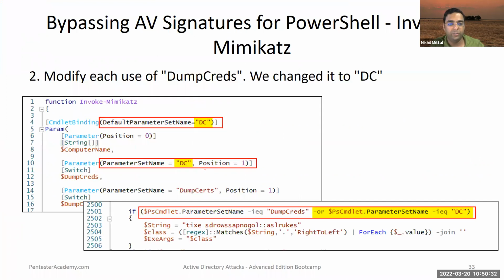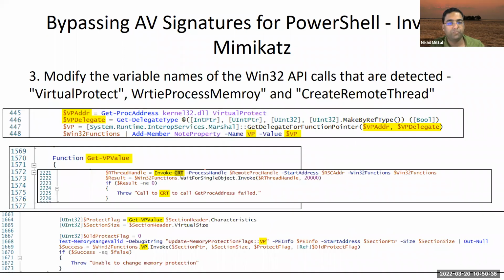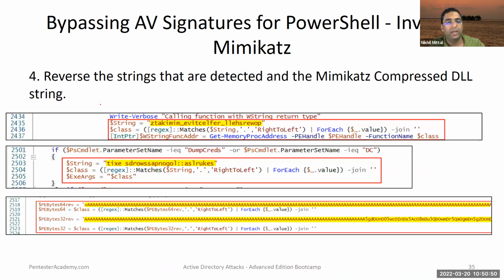We removed the comments, we modified DumpCreds, we modified the variable names of the Win32 API calls that are detected: VirtualProtect, WriteProcessMemory, there's a typo here, and CreateRemoteThread. All right. And then finally we reversed the strings that are detected like this, and the Mimikatz compressed DLL is also reversed.